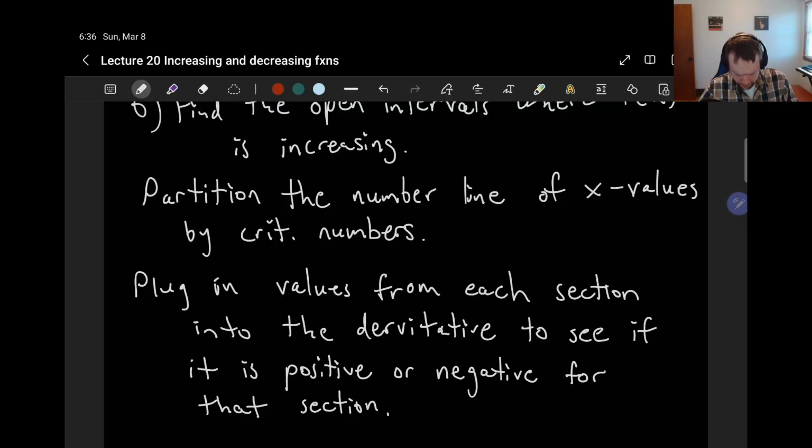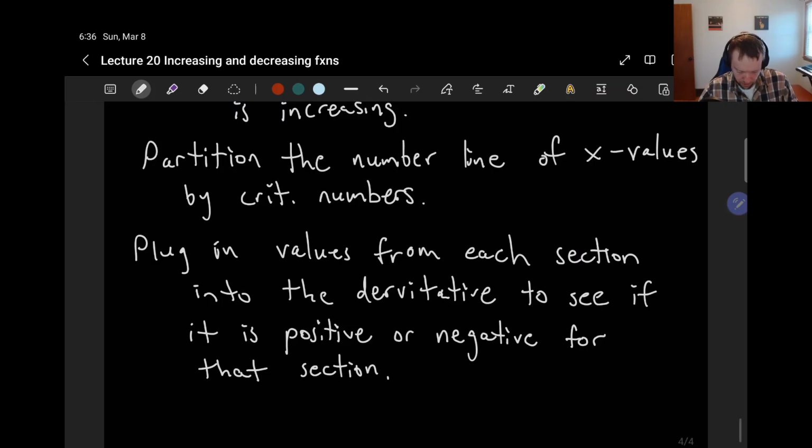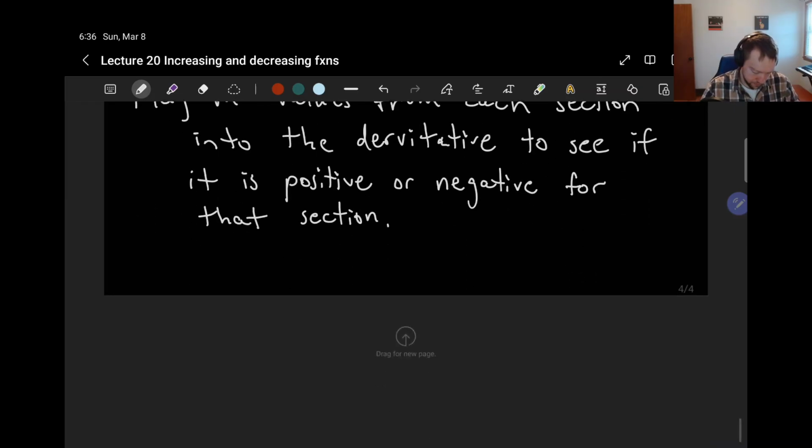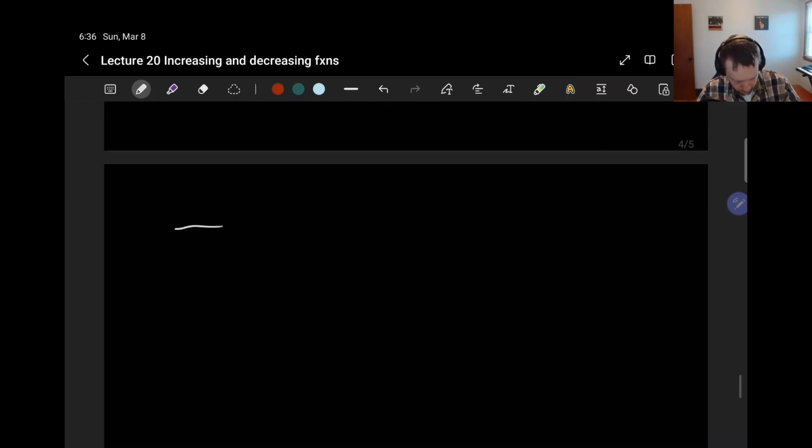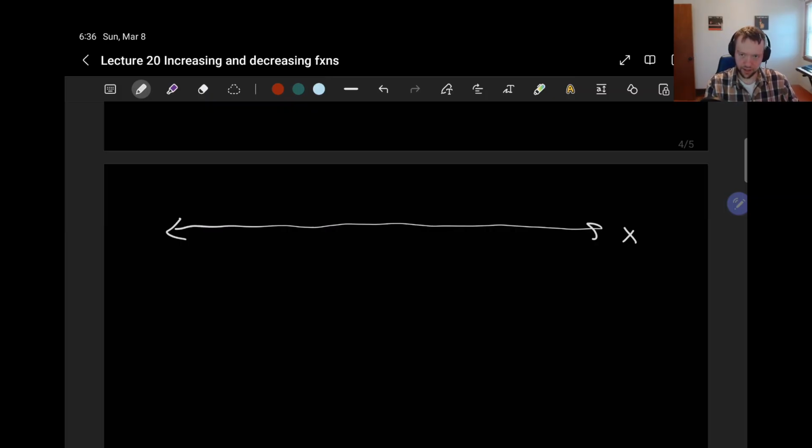So that was a bit of writing. Let's actually do this. So I'm going to divide up the number line into special little regions or sections, and each section will behave in the same way with regard to the derivative. This is like a little x-axis.